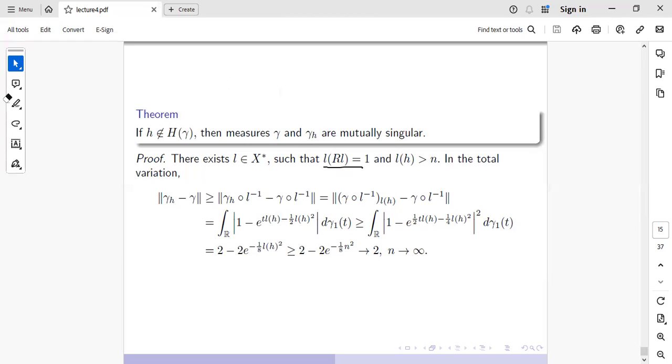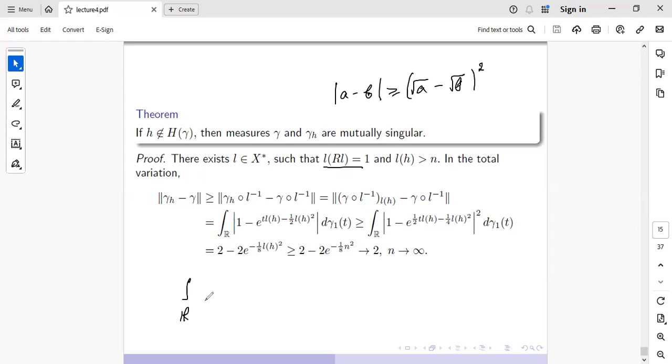Using the following inequality, that for positive numbers a and b, the absolute value of a minus b is bigger than (root of a minus root of b) squared, we can estimate it further as follows. It will be the integral of the square, and here 1 minus the root of the exponent. And now let's compute it.